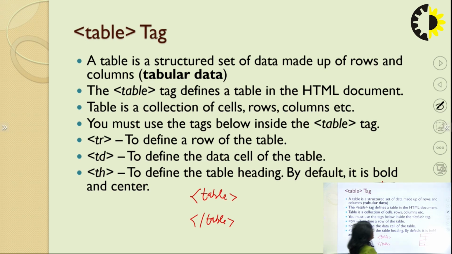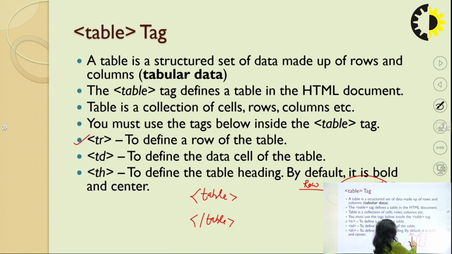For representing the data in this tabular form, we need 3 more tags. First one is the tr tag. The tr tag is used to define the row.